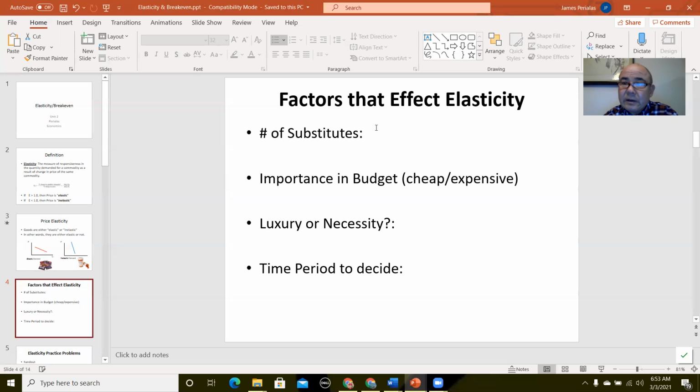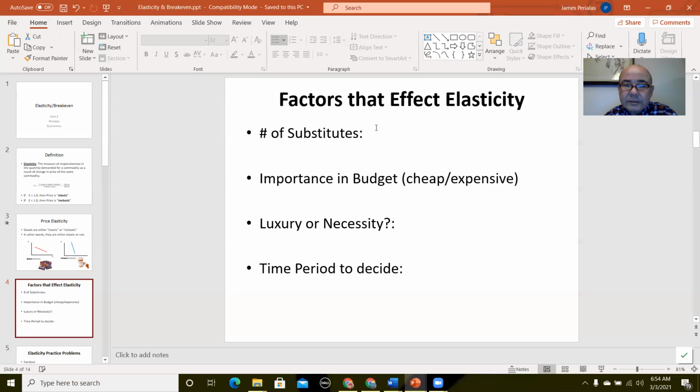So your $20,000 car is now a $30,000 car. You're not going to shop at that car dealership. You're going to go somewhere else. So that would be significantly affecting the quantity demanded at that car dealership if they raise their prices by 50%. That's huge. They're going to lose a lot of customers.